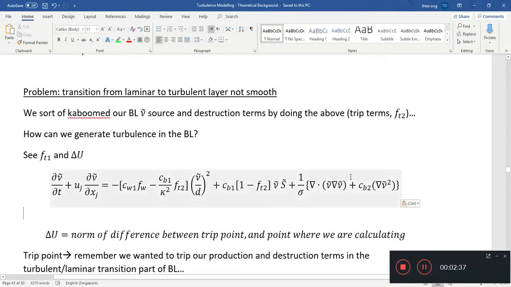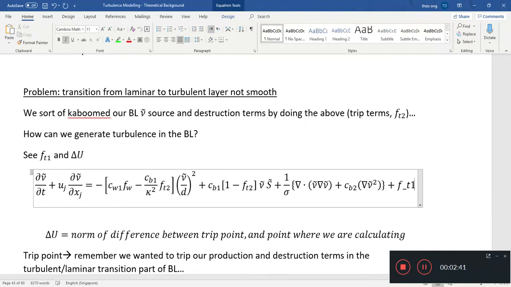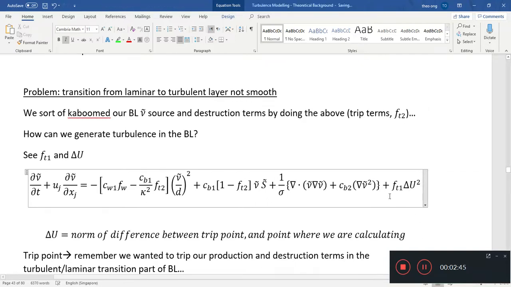So ft1 is a trip term also, delta u squared. This term actually helps you to transition from the laminar region, because you just destroyed all the turbulence in the viscous sublayer and some other regions as well, maybe the buffer layer, so as to ensure numerical stability. But you need to generate enough turbulence in the transition region.